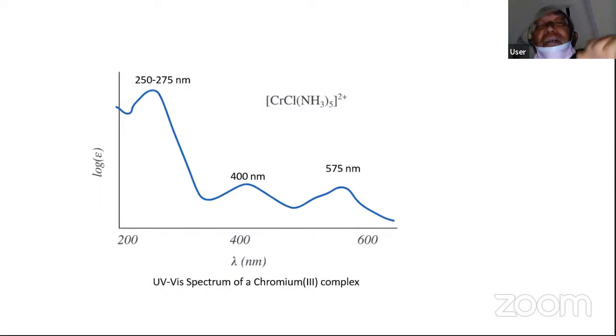Don't forget, UV energy is strong enough to excite the electron, so it is electron excitation. From this peak, you can identify your compound. From this peak, you can measure the extinction coefficient, the epsilon.